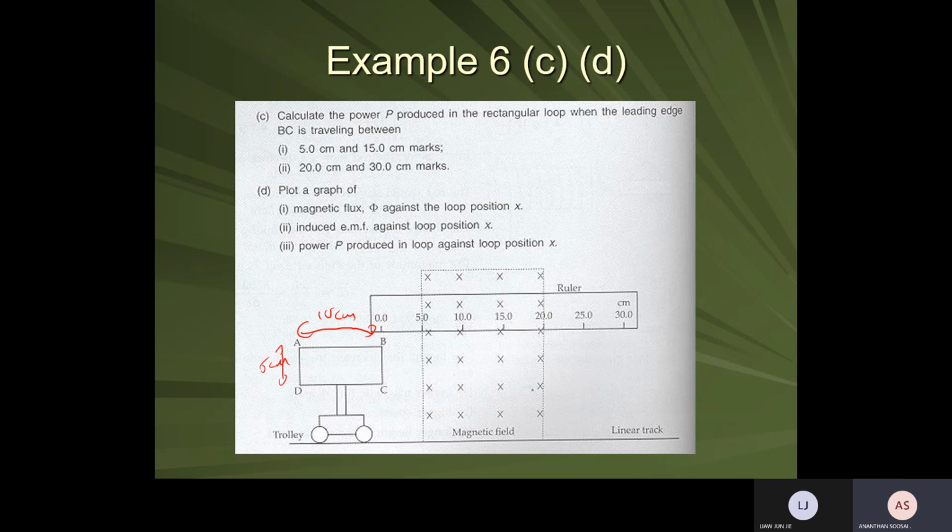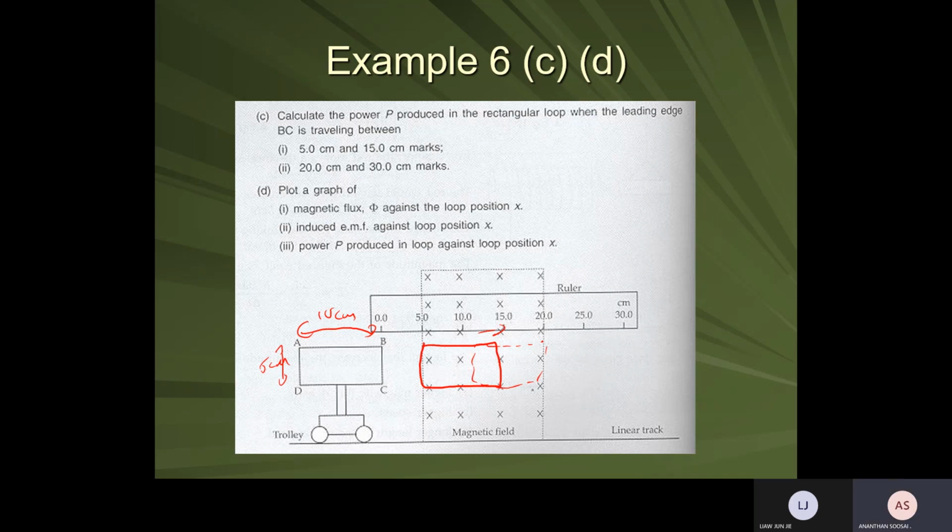In the exam, if asked why there is no EMF induced from 15 to 20, how do you answer? Because Faraday's law states that EMF is only induced if there is a change in magnetic flux linkage. There is no change in magnetic flux linkage. So what is important is 15 to 20: at 15 the entire loop is inside the field, and as it shifts, the overlapping area is still the same.